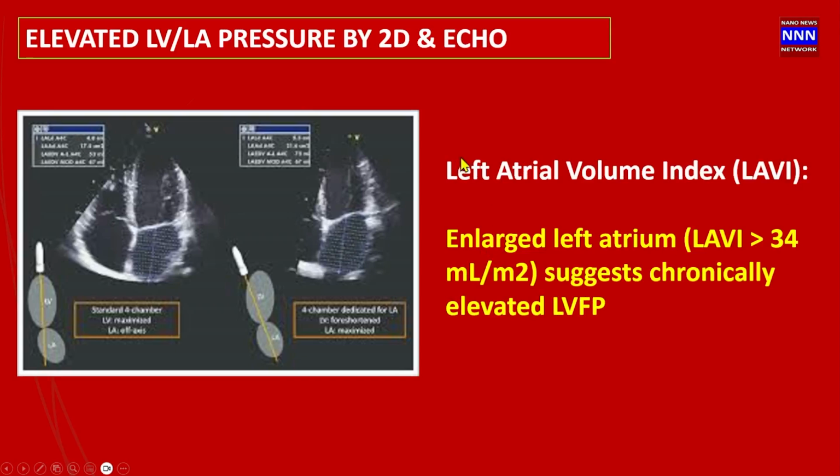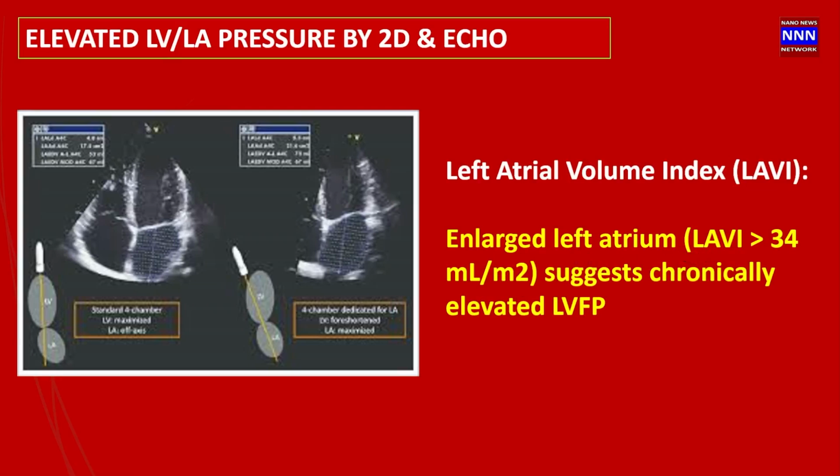Now let's look at the left atrial volume index. Left atrial volume is measured by outlining the perimeter of the left atrium, and it puts in these discs, and from this the computer calculates the left atrial volume. The normal left atrial volume should be less than 34 ml per meter square, and anything more than that is suggestive of left atrial enlargement.